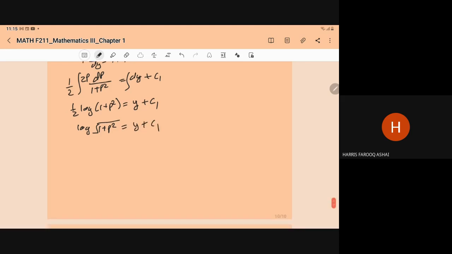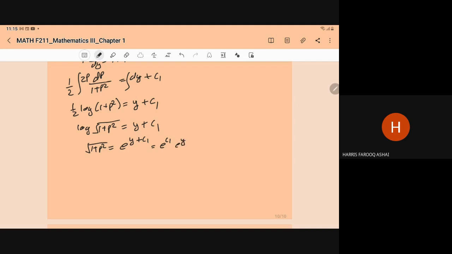So this can be written as log of root of 1 plus p square is equal to y plus c1, or you can say it will become 1 plus p square is equal to e to power y plus c1. That can be written as e to power c1 into e to power y.